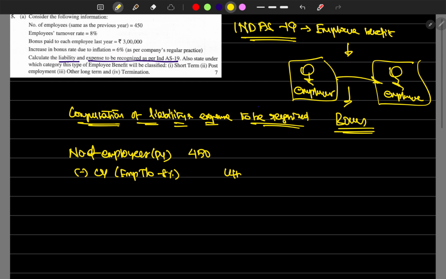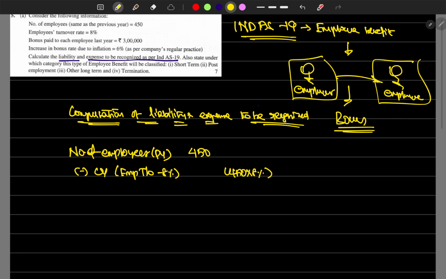So 450 into 8%, let me take a calculator. 450 into 8% is 36. So there are only 414 employees currently in the organization in the current year.